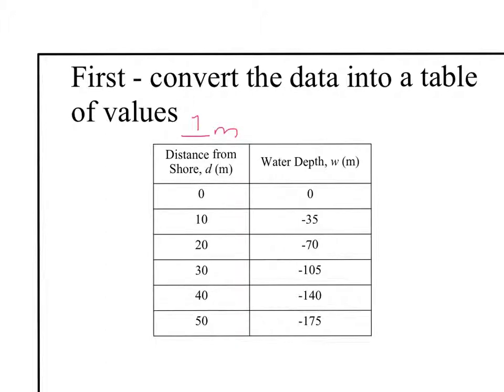Make sure you don't use it at 10, you're always finding the first interval, which would be 1 meter. In this case, it's a little bit easier. If it's negative 35 at 10 meters, at 1 meter, it'll be negative 3.5. So it's an easy conversion.